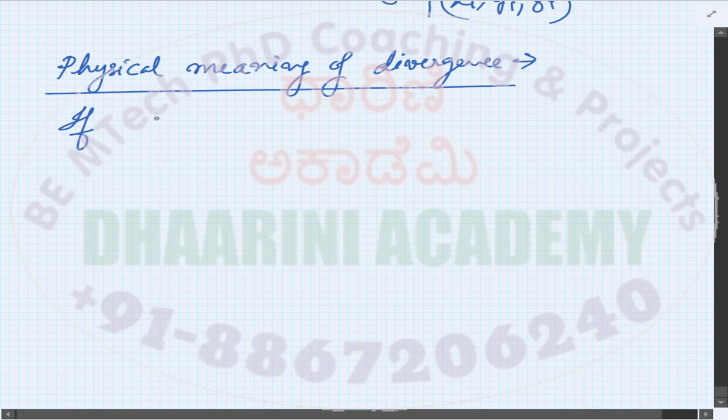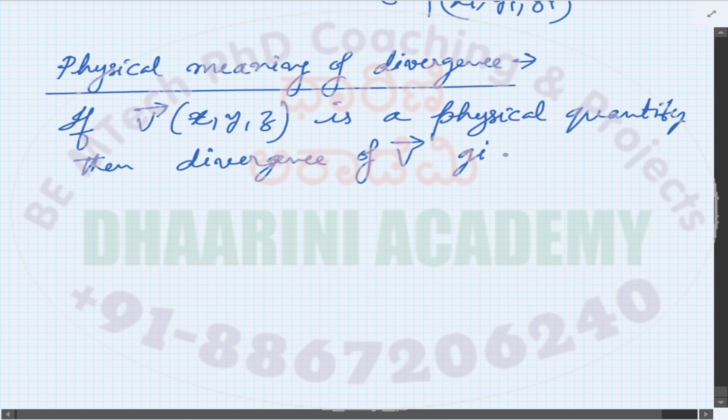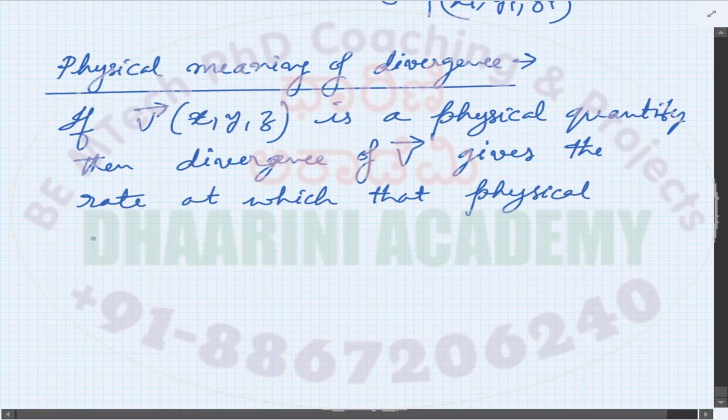So if, let us say, vector v in terms of x comma y comma z is a physical quantity, then the divergence of this vector v always gives the rate at which that physical quantity is originating.